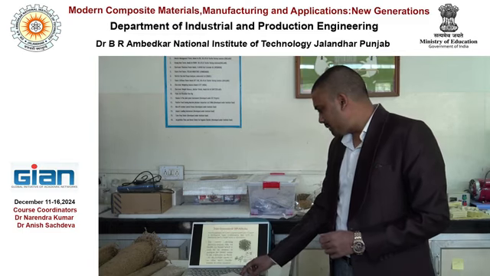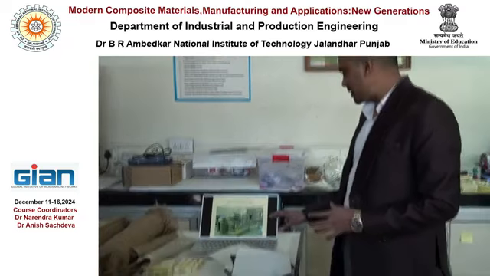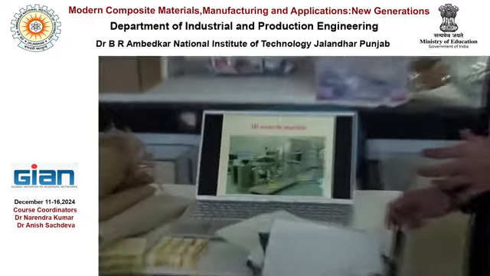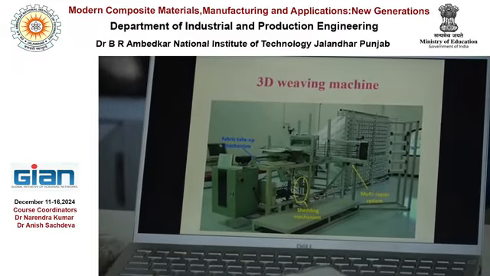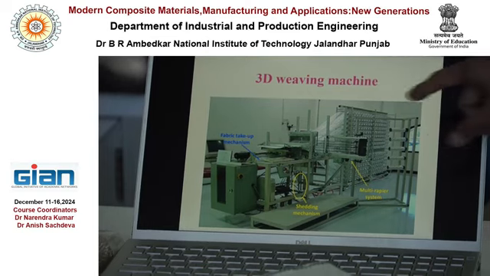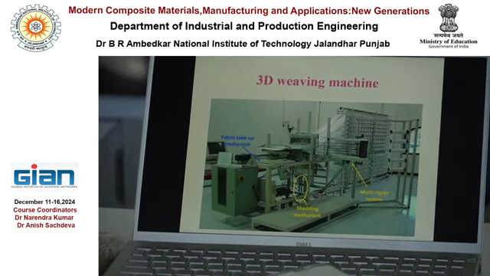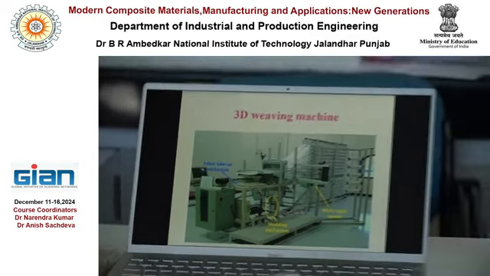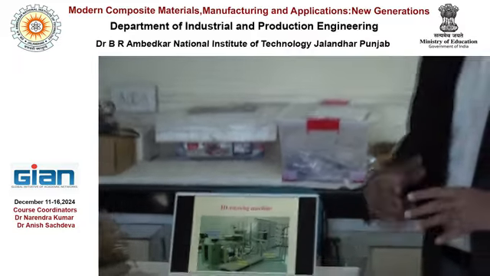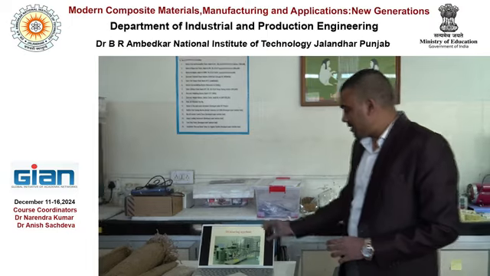So let me show you one. This is one of the 3D weaving machines, right? If you look at this machine, you have here a creel zone where we have to place the yarn packages. This is the glass yarn, you can have carbon yarn or basalt yarn, for example.